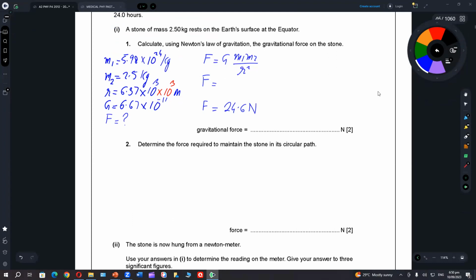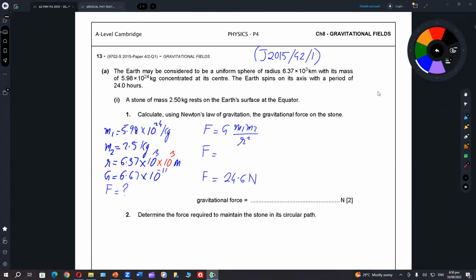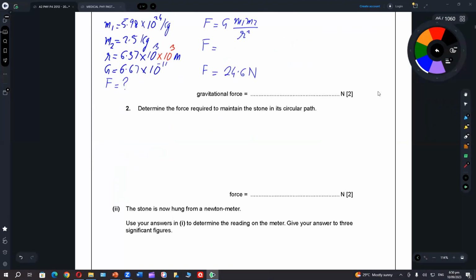The formula is F = mrω². But I don't have the value of omega. So I'm first trying to find it, the time period is given to me.